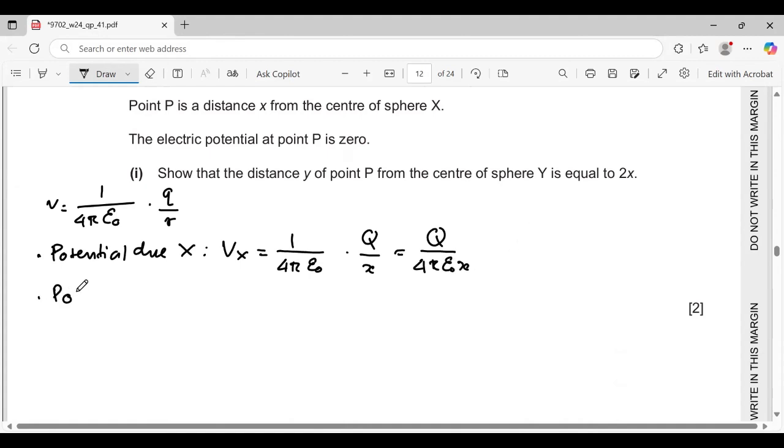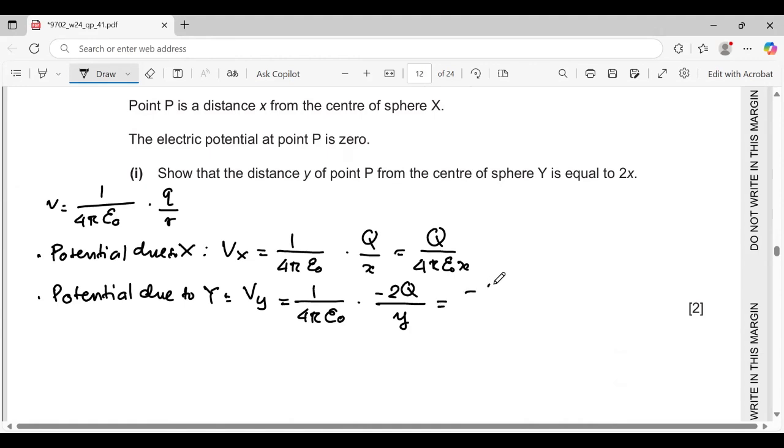And the potential due to Y is Vy equals 1 over 4 pi epsilon 0 times minus 2Q over y, and it becomes minus 2Q over 4 pi epsilon 0 y.